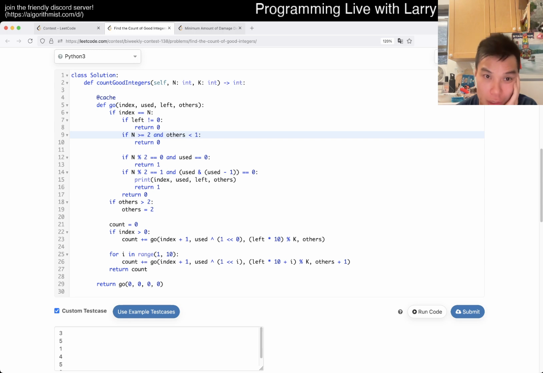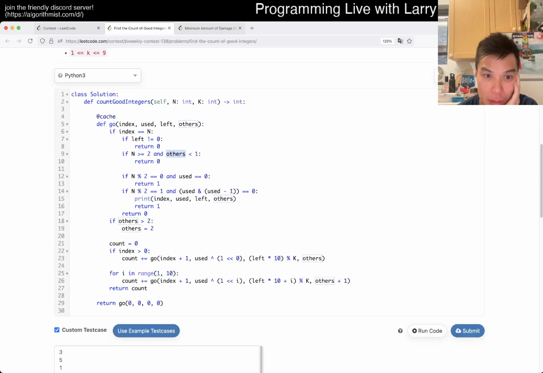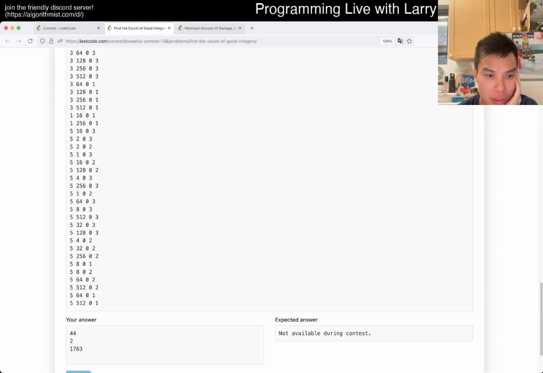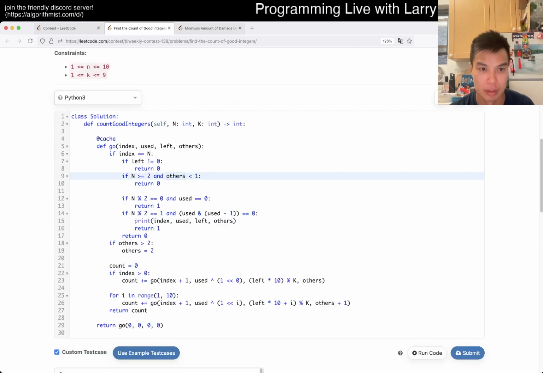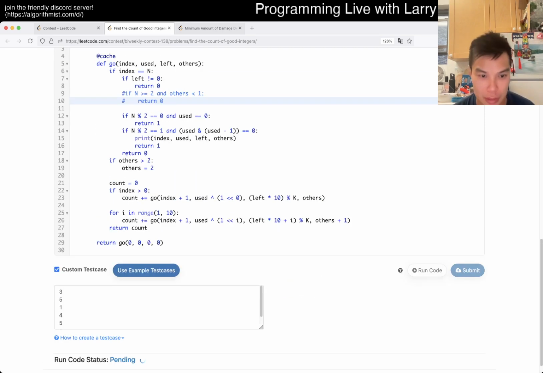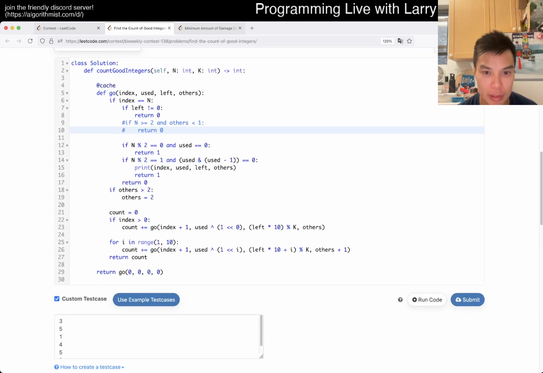If we have 2, then that means that others is 0. Why doesn't this filter out stuff? Like, how come this doesn't do anything? And also, how come this is undercounting now? Because of this thing, maybe? Am I doing this thing wrong?